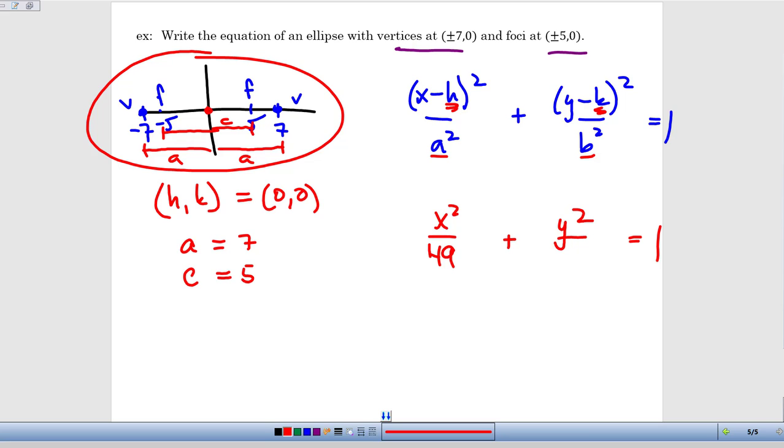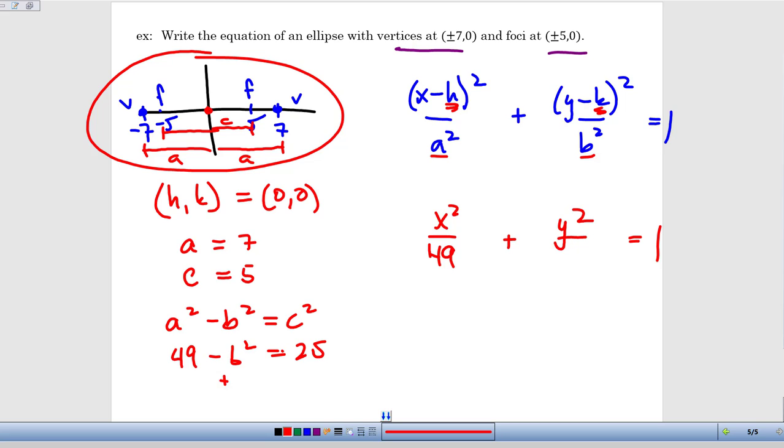So we don't know what b is yet, but we do know a and c, and hopefully we remember that the relationship is a squared minus b squared equals c squared. So if I plug in a is 7, I get 49 minus b squared equals c squared, which is going to be 25.